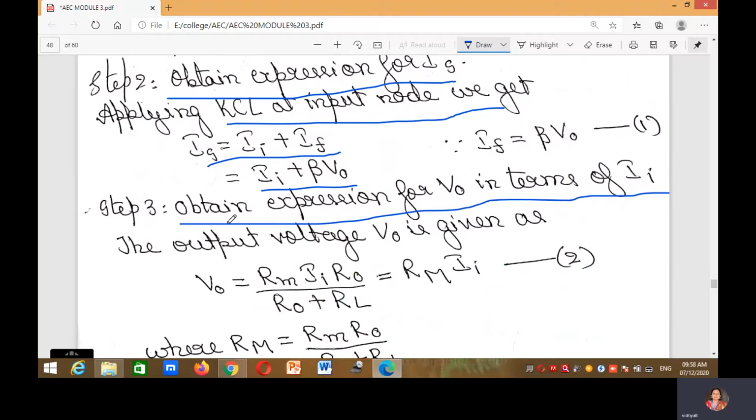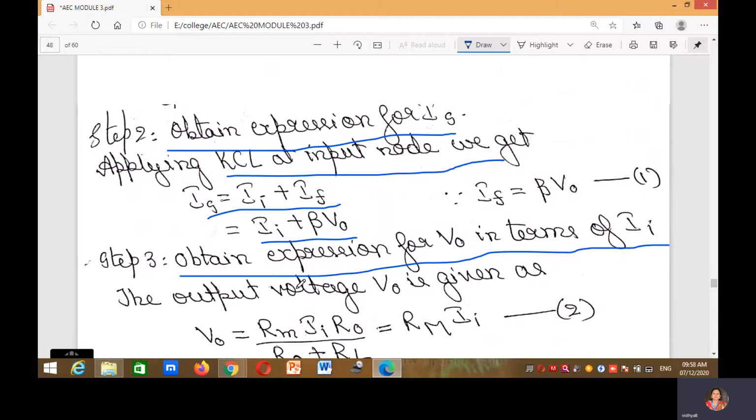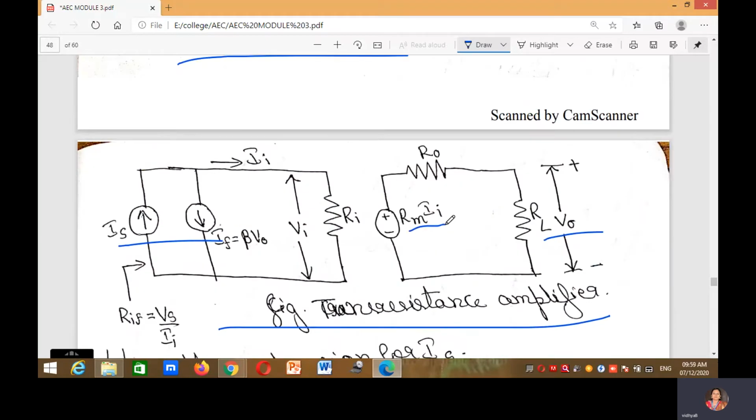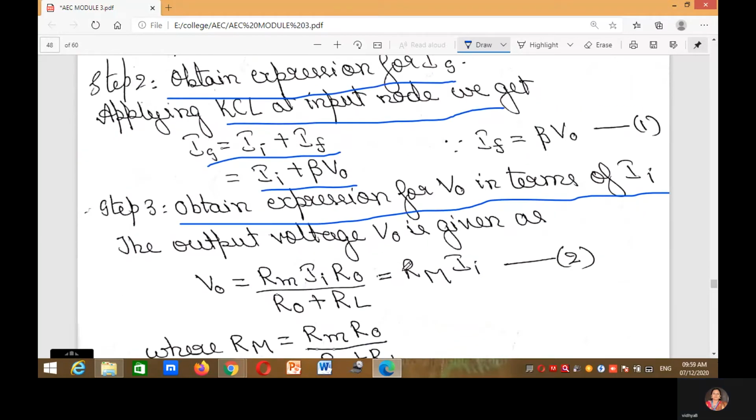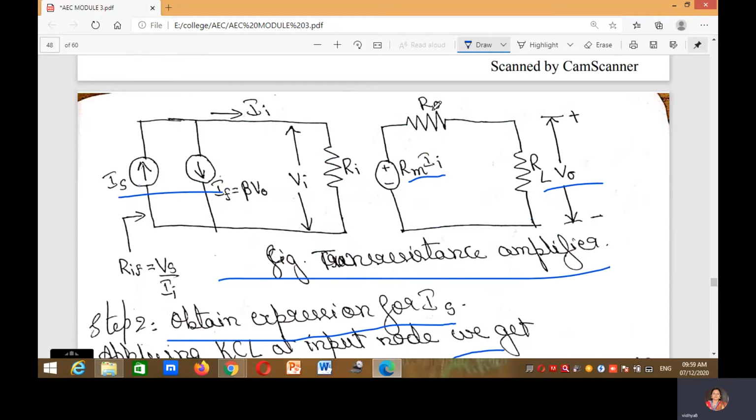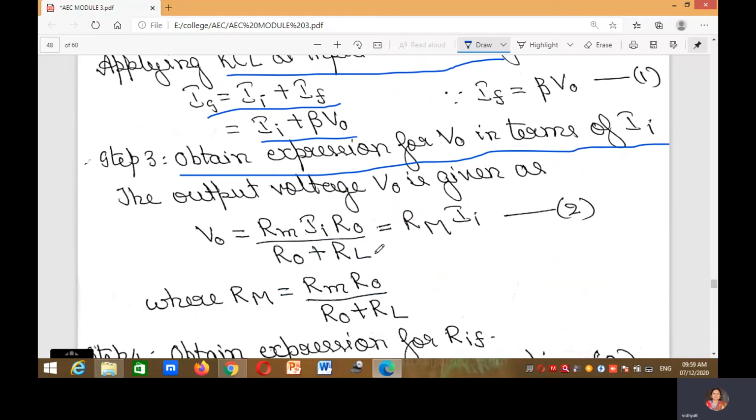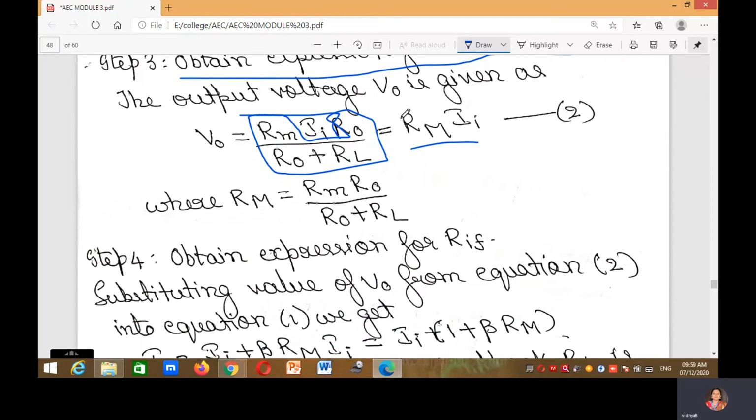By using the circuit diagram, V naught is equal to Rm into II into R naught divided by the overall resistance, that is R naught plus RL. This they have written as capital RM, that is RM is nothing but small rm into R naught divided by R naught plus RL.